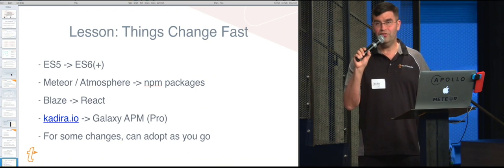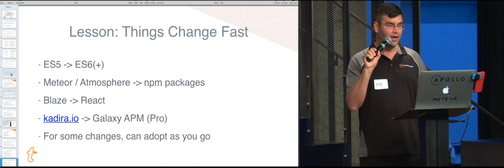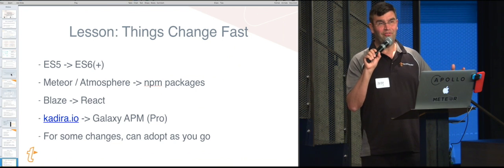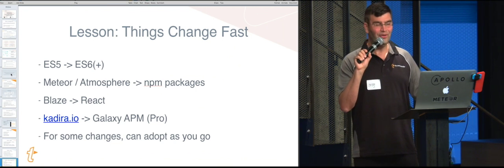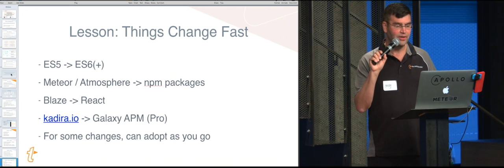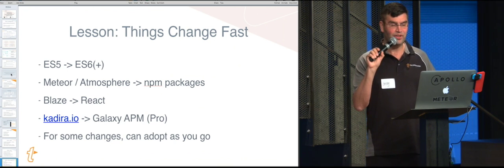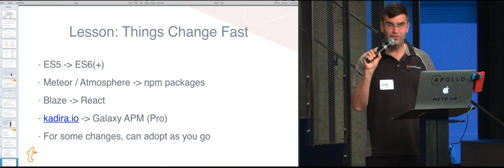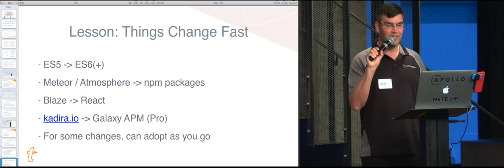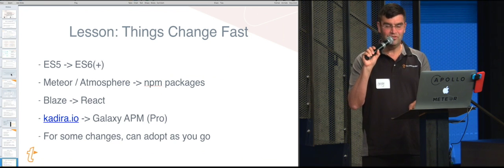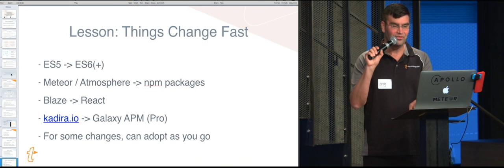The change from Blaze to React, and so what we've done there is sort of try to leverage. We have now essentially legacy code in a relatively new app, and then we're building what we're building new in React. We've gone through the transition from Kadira to Galaxy performance metrics, and so it's just dizzying in terms of how fast things change, and it's a challenge to keep up, but that's part of the fun of what this is.